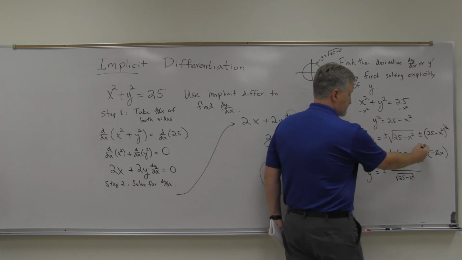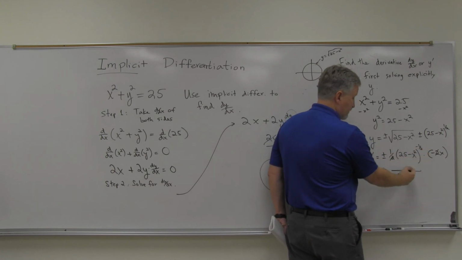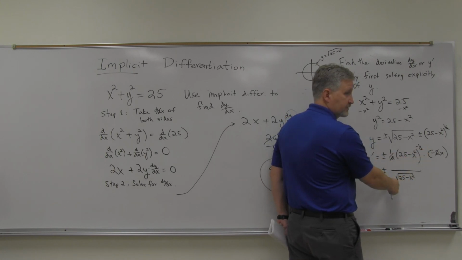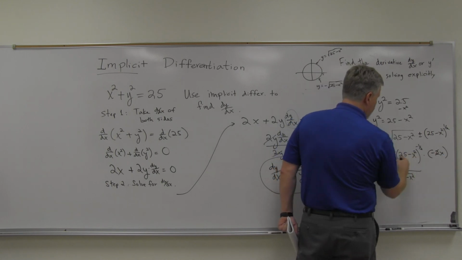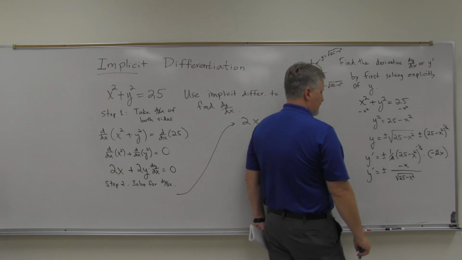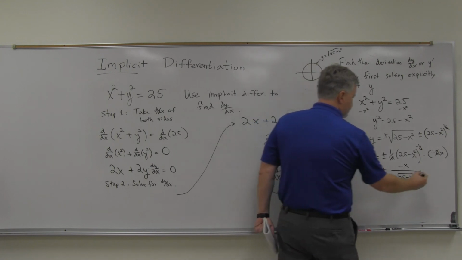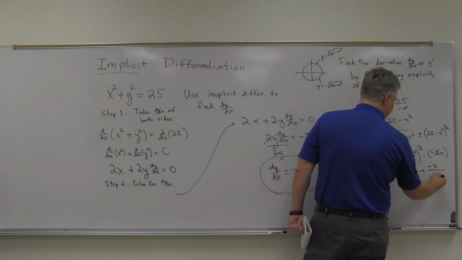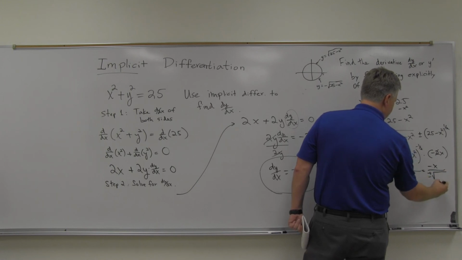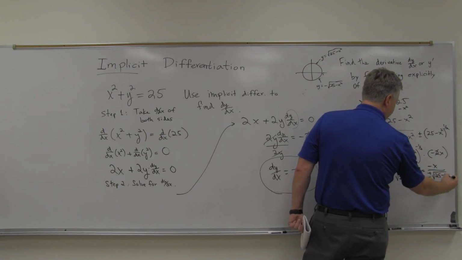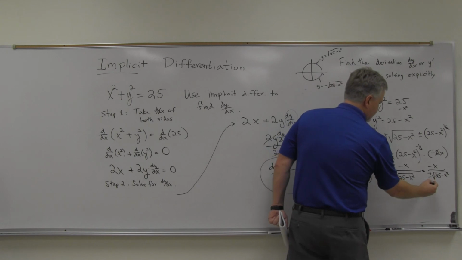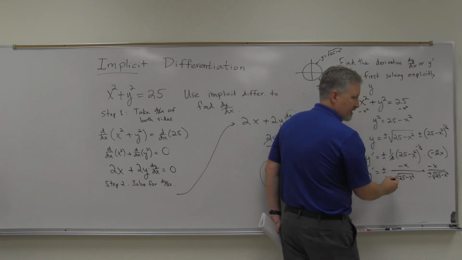Because it's minus 1/2 power of the square root of 25 minus x squared in the denominator. And then on top, I got 1 and then minus x. And let's write, just to make it ever so clear, that plus or minus down here.